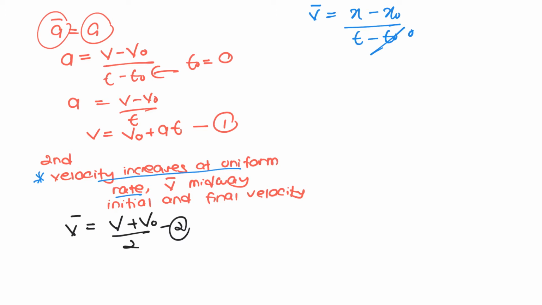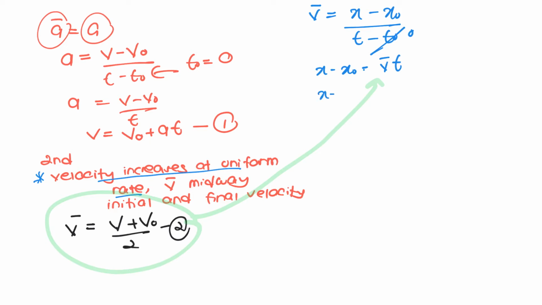Rearranging the equation, you get x minus x naught equals v bar t. Next, you put the v bar inside, so it becomes x minus x naught equals (v plus v naught) over 2 times t.